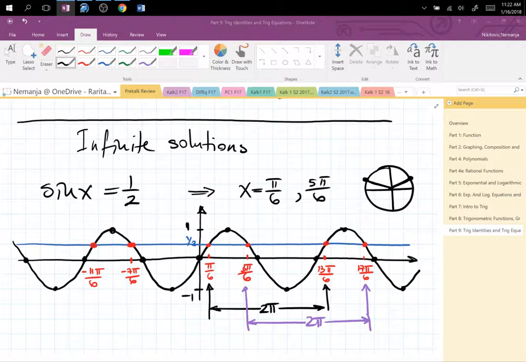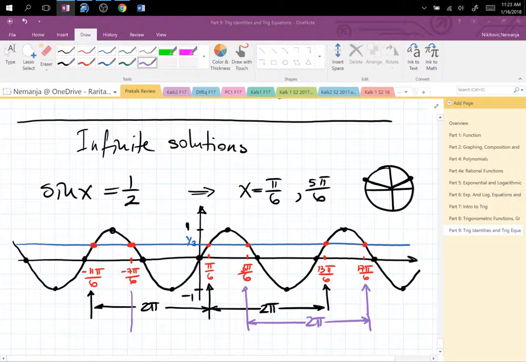And with the black and purple lines, we get the same thing. These come in pairs.